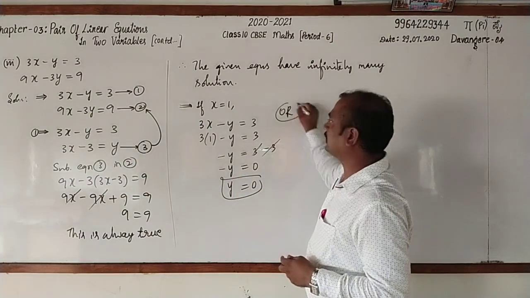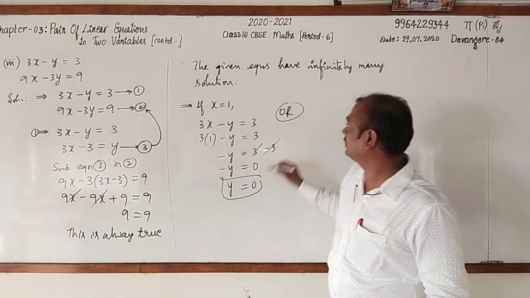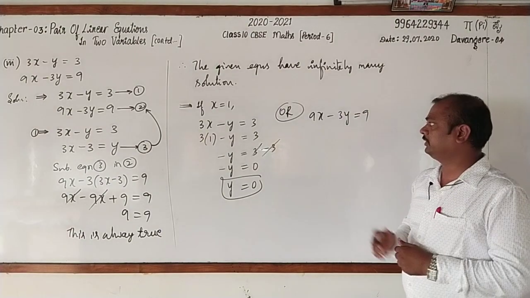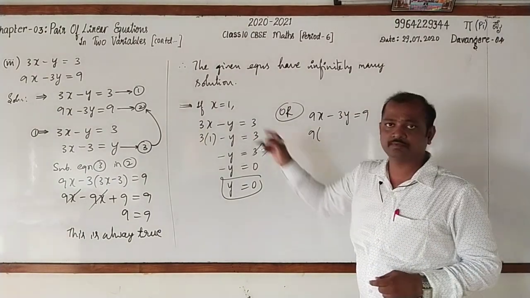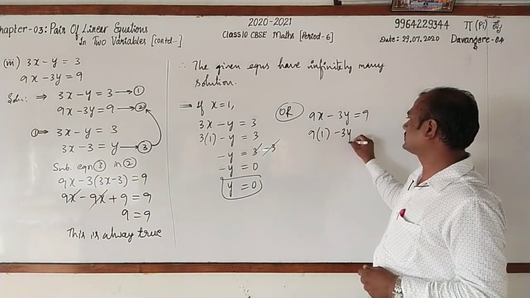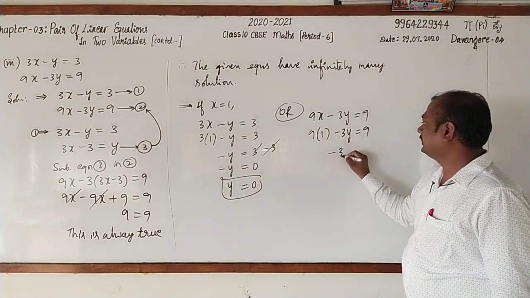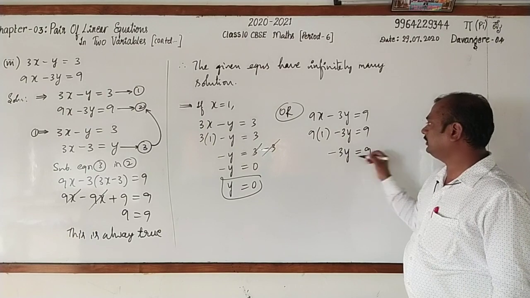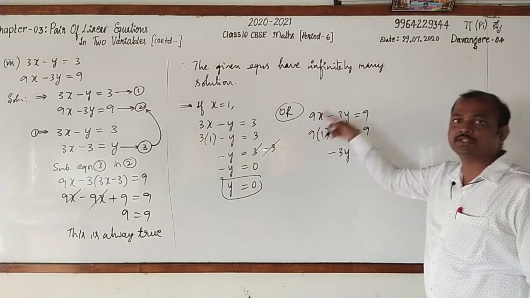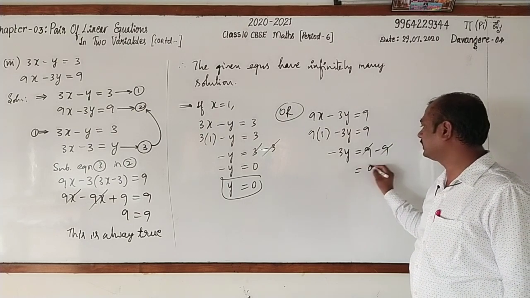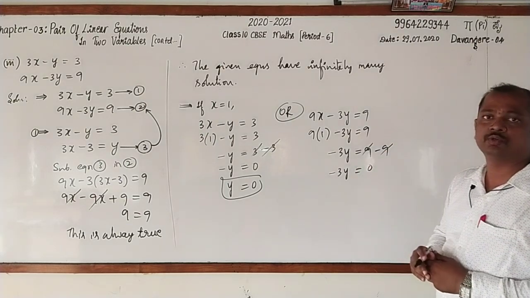Even this can also be applicable for second equation. Observe, 9x minus 3y is equal to 9. 9 into, where x is 1, minus 3y equal to 9. Then minus 3y is equal to 9. 9 ones are 9. Transfer that to the right hand side. Becomes minus 9. These two get cancelled. You will get 0. Minus 3y equal to 0.